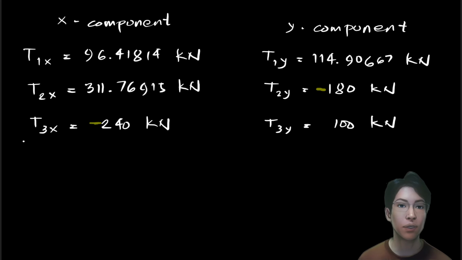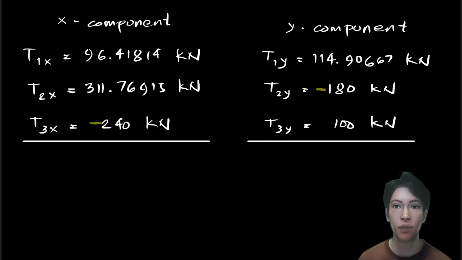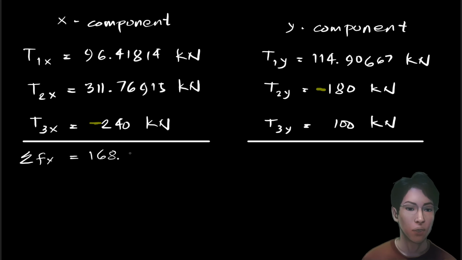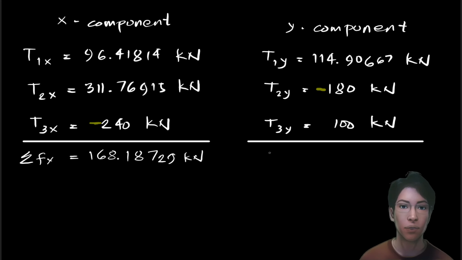So I will now take the summation of forces along x and y. For x, we have this value, 168.18729 kilonewton.